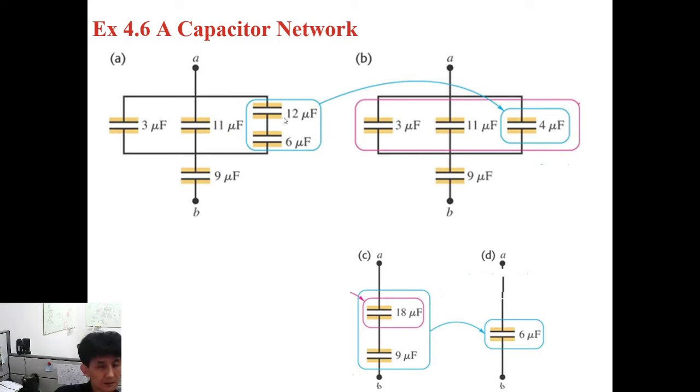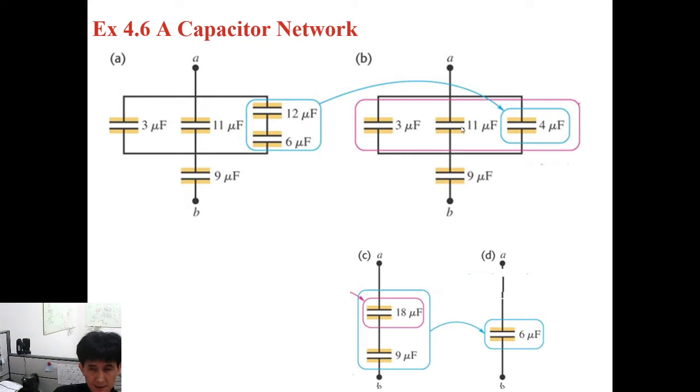If we have many serially or parallelly connected capacitors, we can reduce them step by step. For this serial connection of two capacitors, 1 over 12 plus 1 over 6 is 3 over 12, which is the same as 1 over 4. So the serial connection of a 12 microfarad and a 6 microfarad capacitor is equivalent to a single 4 microfarad capacitor.